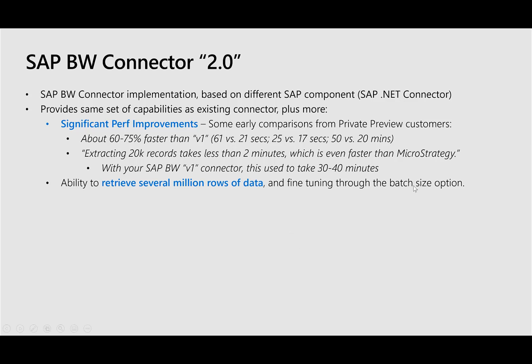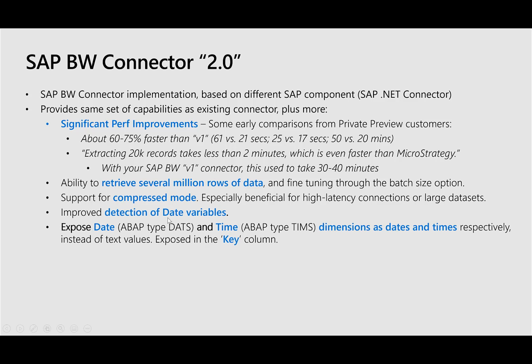You could also fine-tune it using batch size and execution modes. It does compression for high latency connections or large data sets, so you compress the data stream. It has better detection with data variables and better exception handling.